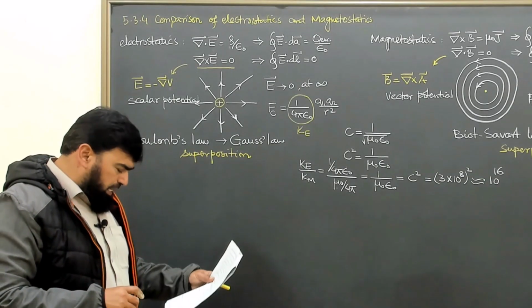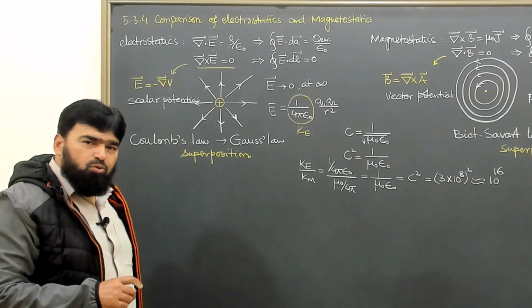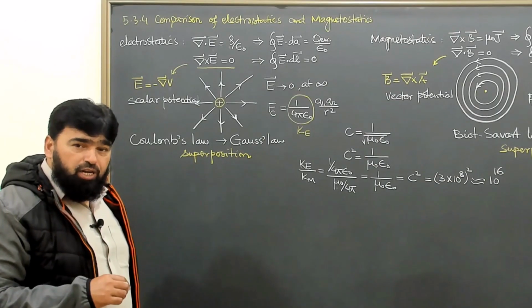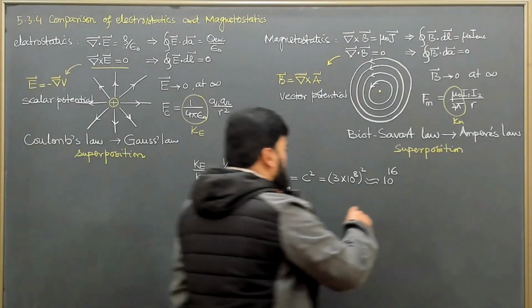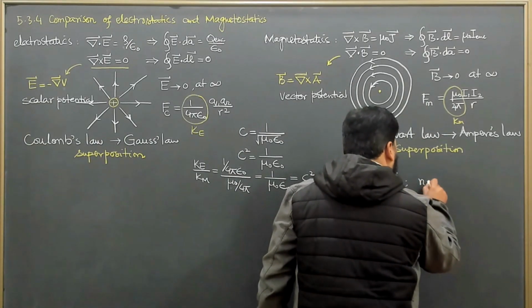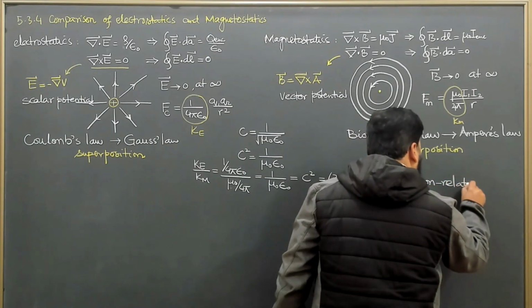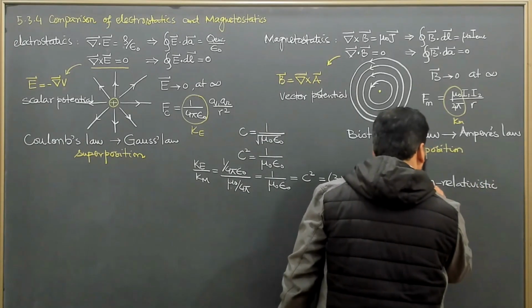It means that the strength of the electric force is 10 to the power 16 times greater than the magnetic force, and this is for non-relativistic speeds. We will explain this in a while. Non-relativistic speed.